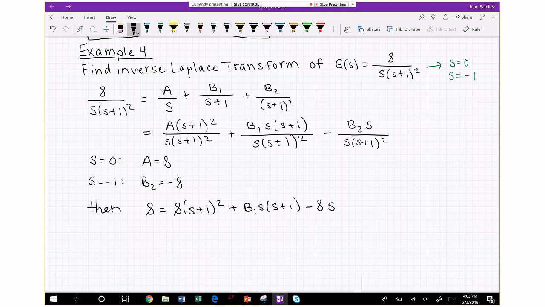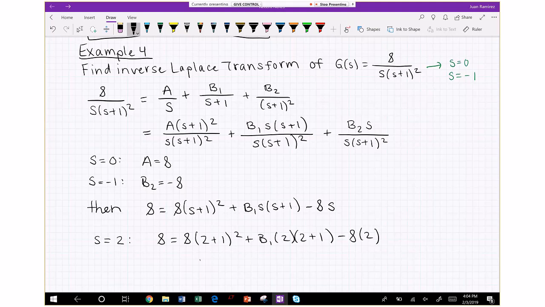So literally just plug in any value of s except for 0 or -1, and then solve for b1. So I'm just going to say s equal to 2, and that'll be 8 equal to 8 times 2 plus 1 squared plus b1 times 2 plus 1 minus 8 times 2.